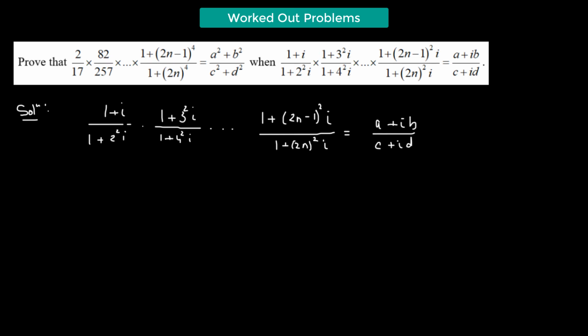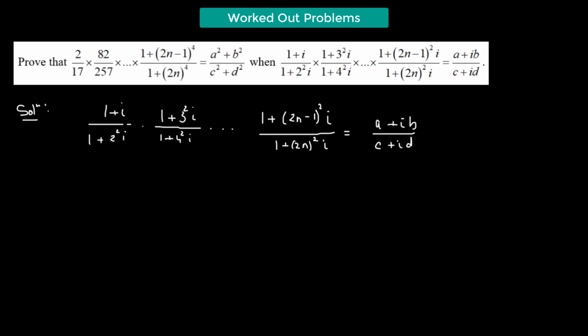And using this equation, we have to prove that 2/17 times 82/257 all the way up to (1 + (2n-1)^4) divided by (1 + (2n)^4) is equal to (a² + b²) divided by (c² + d²).